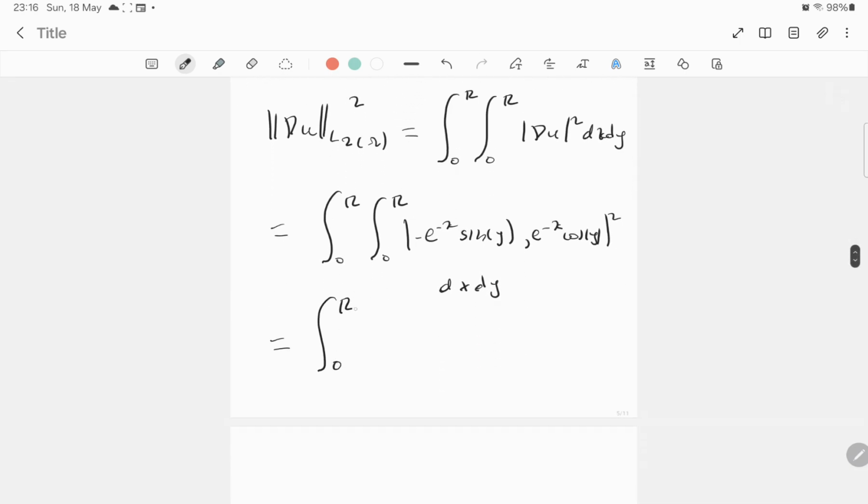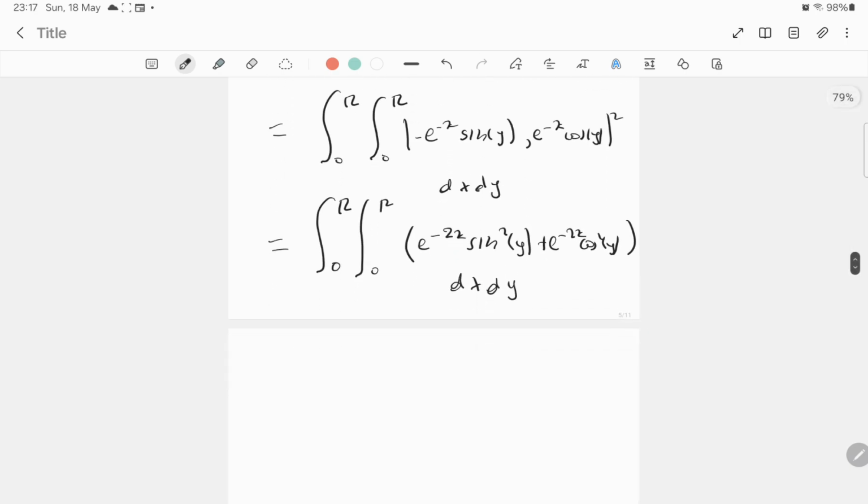So I have the double integral from 0 to pi of e to the minus 2x sine squared of y plus e to the minus 2x cos squared of y dx dy.